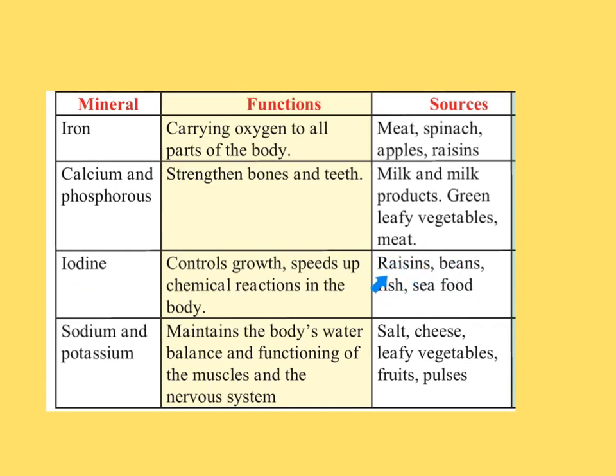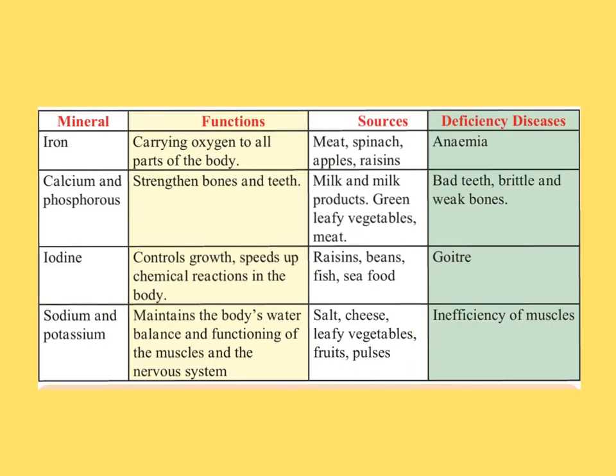The food items are raisins, beans, fish, seafood, etc. The sources of food which are rich in sodium and potassium are salt, cheese, leafy vegetables, fruits, pulses, etc.